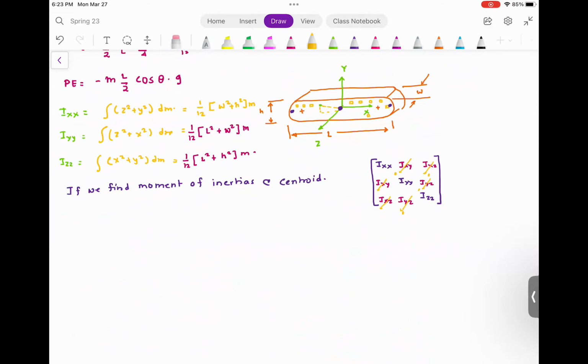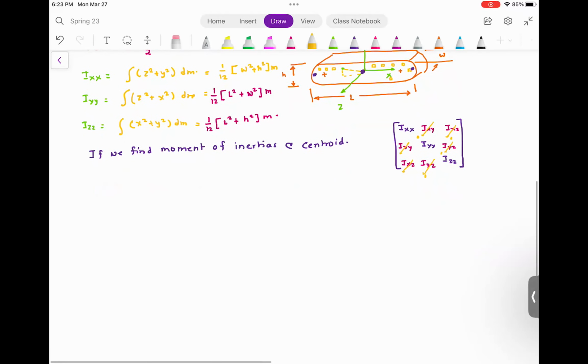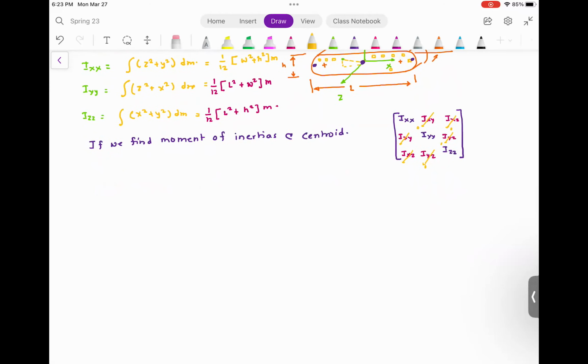Okay. Now the next thing I want to talk about is how we would solve a very practical problem. I want everyone to pay close attention to this because one of your assignment problems is based on how to solve this type of problem. Imagine that we have a revolute joint, and on this revolute joint we have this rod.